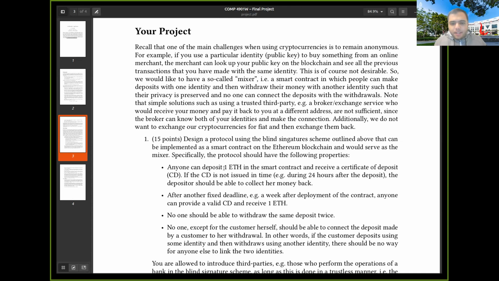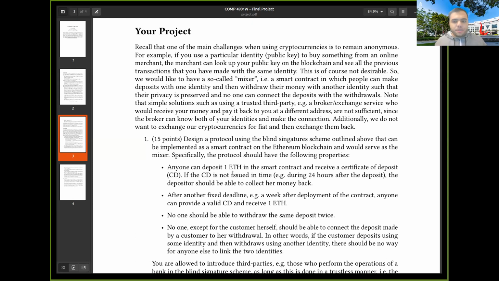So now the solution that we have is that we want to use a mixer. This is a smart contract where you can deposit 1 Ether using some current identity that you have, and then you can use some new identity to withdraw this Ether. And again, the property that we want is to make sure that no one can connect the deposits to the withdrawals.